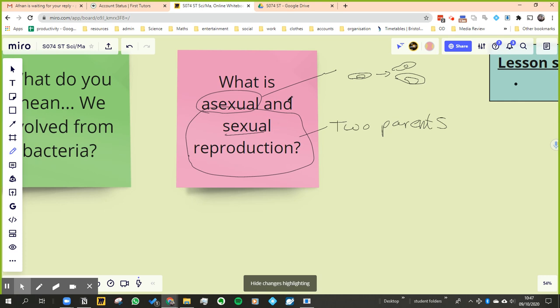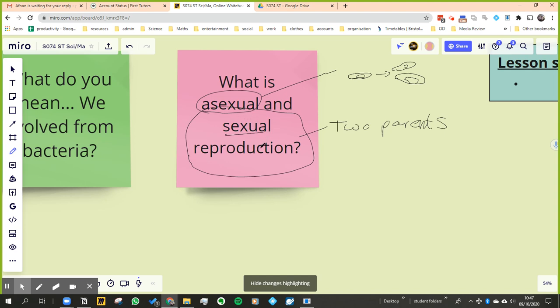You can also have plants doing the same thing. Potatoes, for example, produce little potatoes alongside of them, and those potatoes grow and produce more potatoes, and so on. Also, strawberries can use asexual reproduction as well. So there are ways that other plants and even some animals use asexual reproduction.